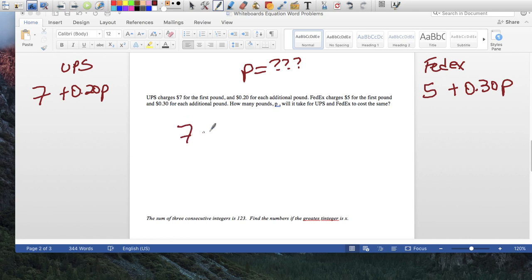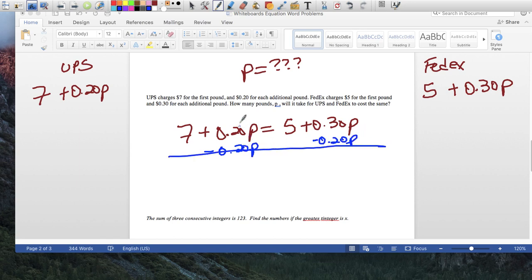So if I make the expression from UPS equal the expression from FedEx, I'm going to find that common pound that's going to have the same price for both companies. So let's follow what we've been doing so far. Let's get rid of one of the p's. So let's get rid of the 0.20p here, and then minus 0.20p.